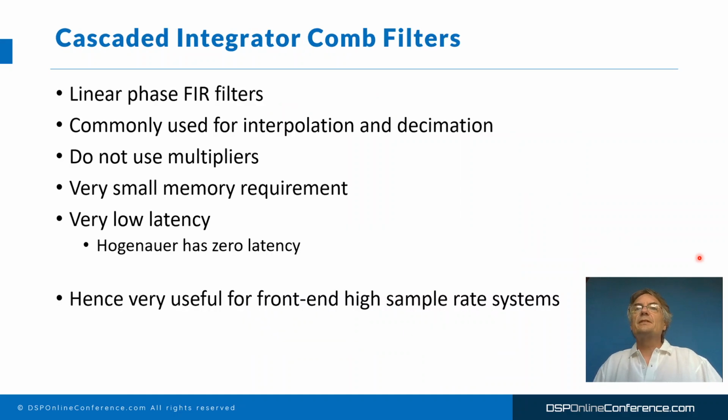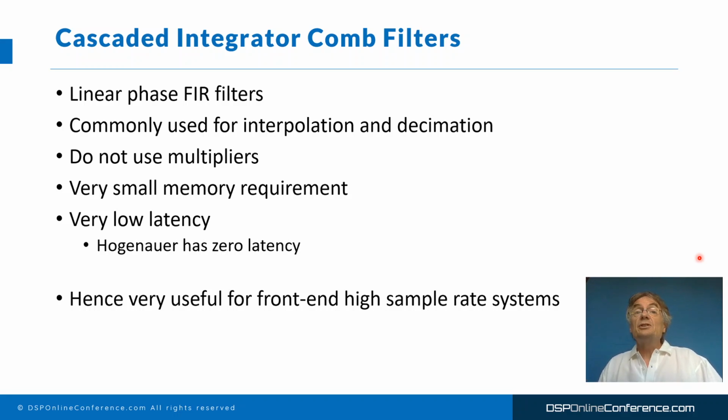Okay, so let's have a think about the filtering requirements we've talked about. The key thing is that these filters have to be really, really simple because the data rates at the front end are running at a very high frequency. So we use a type of filter I've just mentioned, the cascaded integrated comb filter. These are linear phase filters. They're commonly used in this kind of interpolation or decimation application.